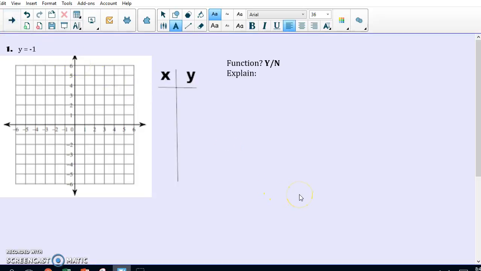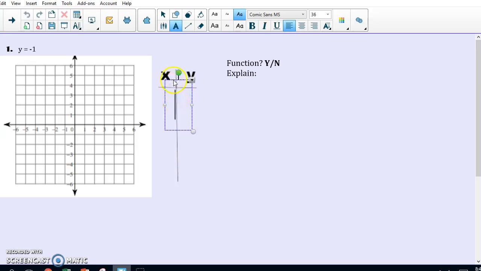The next thing we're going to do is look at graphing horizontal and vertical lines. If you look at the first example on your paper, it says y equals -1. If we have y values that are -1, we can graph those by thinking of x values that could go along with it.